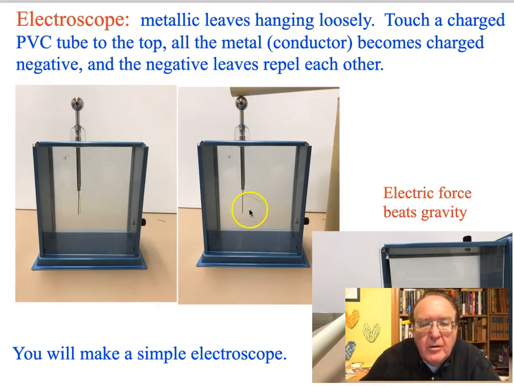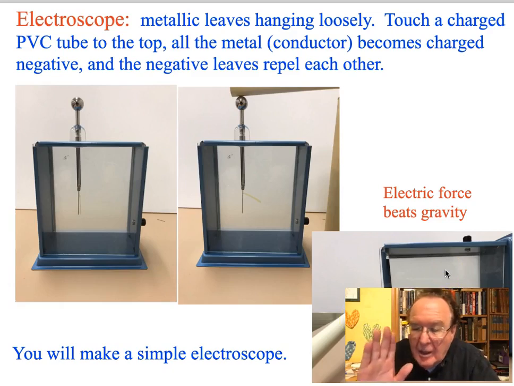And the gold leaf now is being repelled because like charges repel, and you can see it angling up like this. Now, you can also put it on its side and do the same thing. Here's the PVC pipe that's touching the top, okay? And you can see the gold leaf just stands up vertically, okay? And basically it beats gravity, no problem, okay?